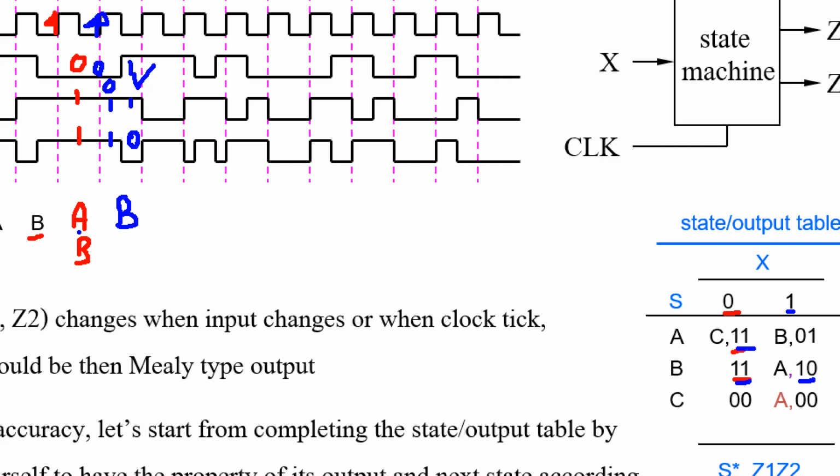That means at state A, when clock tick, x is 0, it goes to B. No, it goes to C, right? That means this one cannot be state A. It must be state B, right? So at state B, when input x is 0, go to state B. So you can fill this.